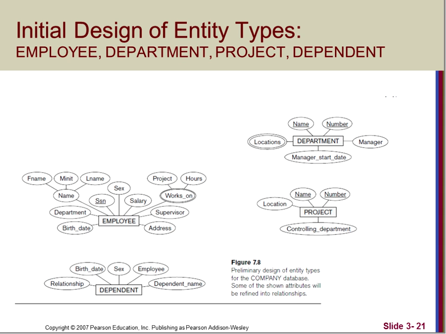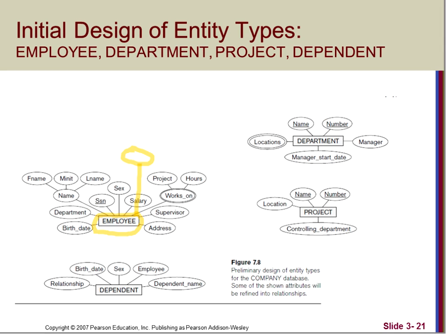After the first and second steps, we can identify the employee entity type that is described by birth date, department, social security number, sex, salary, and so on. Each attribute can be represented by an oval and connected to the appropriate entity type. Similarly, we can identify the department, project, and dependent.